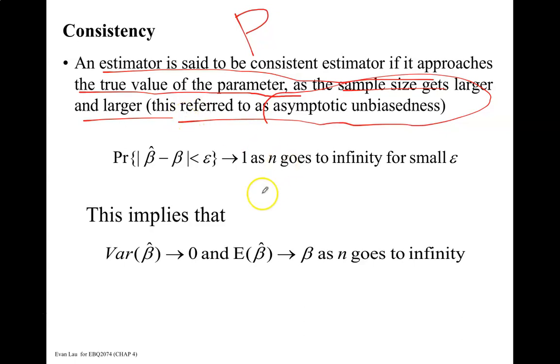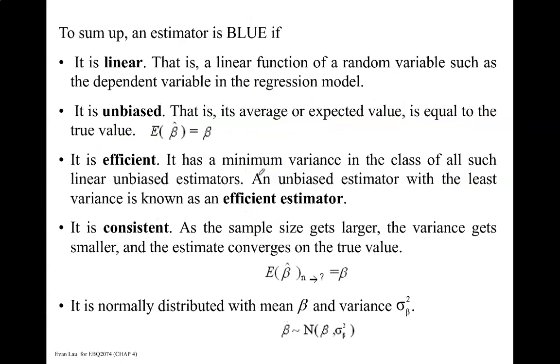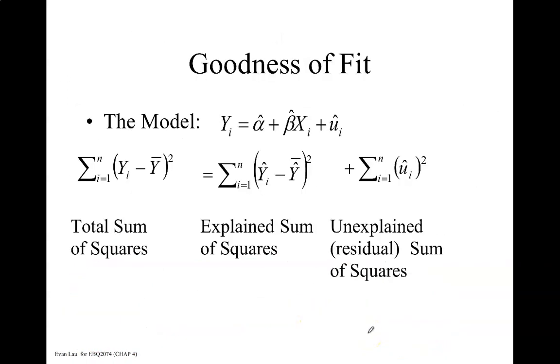So that goes back to this idea of consistency. So those are the four important elements in BLUE. It must be linear, unbiased, efficient, and consistent. And surely it cannot run away from the normal distribution with mean zero and variance sigma square.